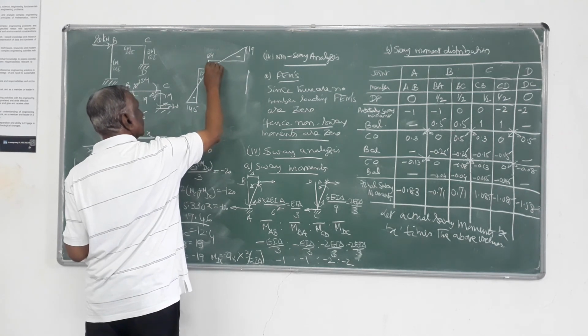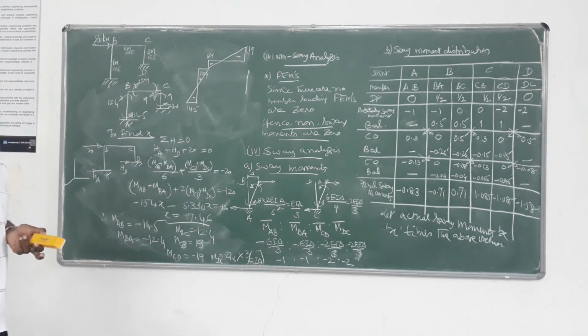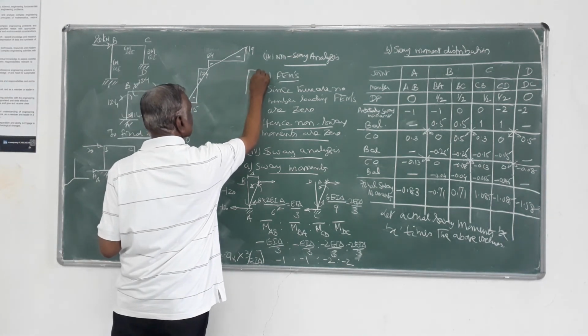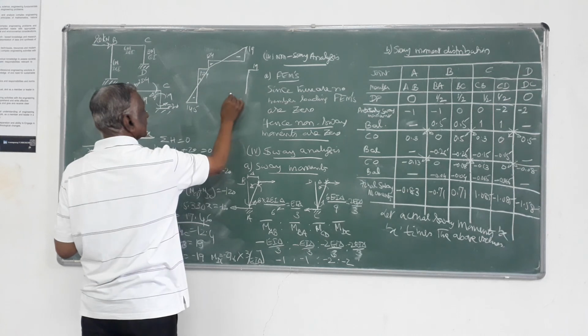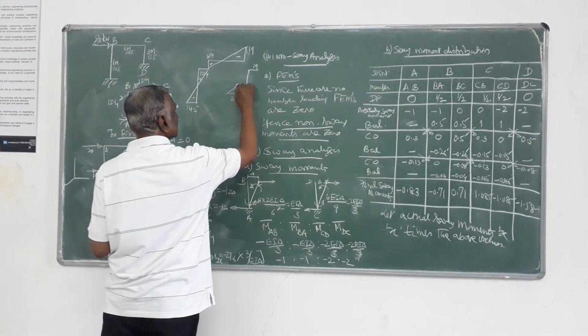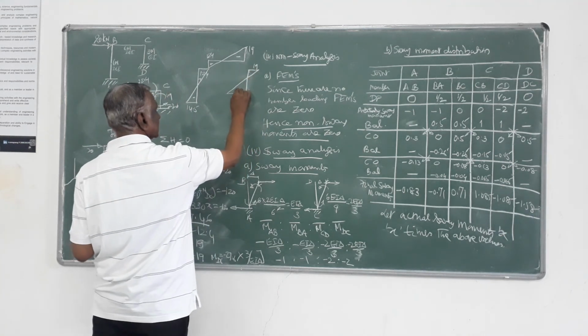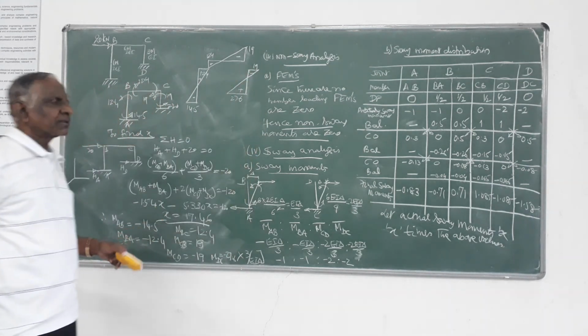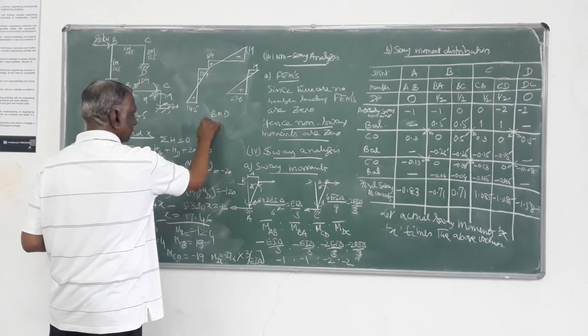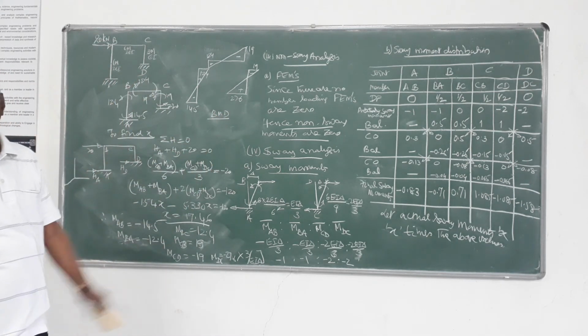This is negative, this is positive. Then coming to this, 19 is this side, and this side it is 27.6. Join that. So this is positive, negative. So this is your bending moment diagram in this particular frame.